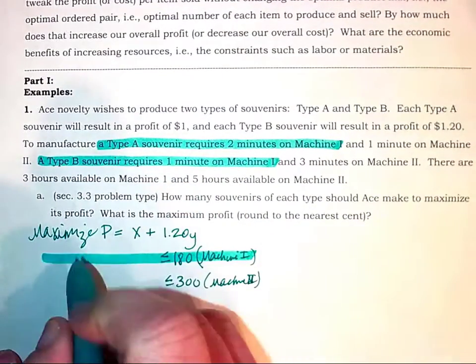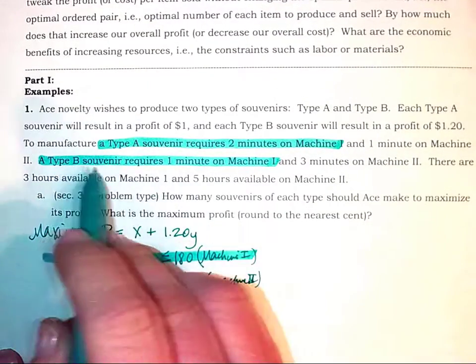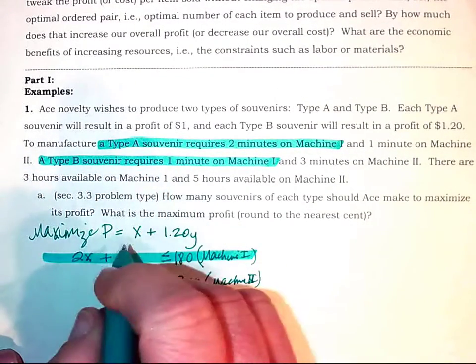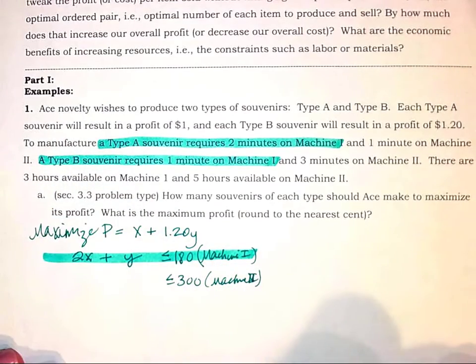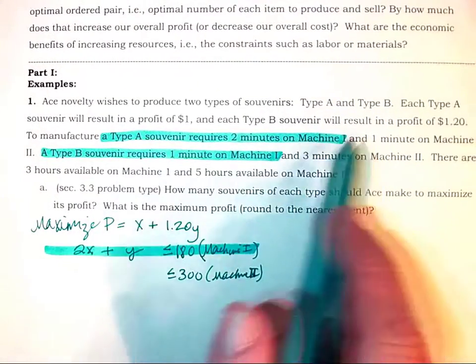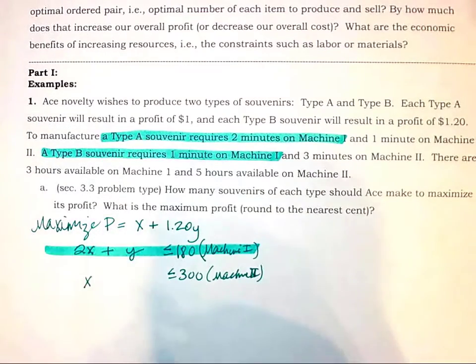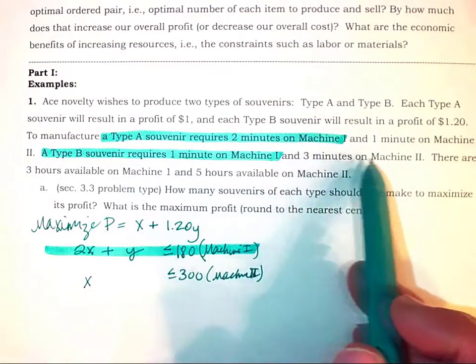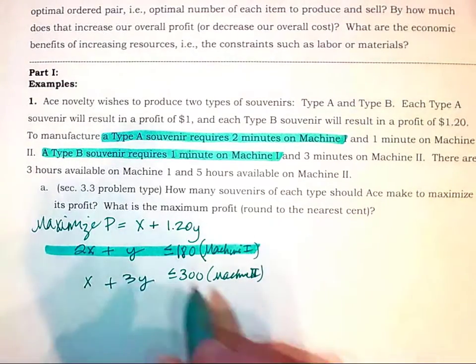So 2 minutes from every X and 1 minute from every Y. So 2X plus 1Y. And then we're going to have 1 minute from the type A's on machine 2, so that's 1X, and 3 minutes on machine 2 for every Y. So that's going to be plus 3Y.